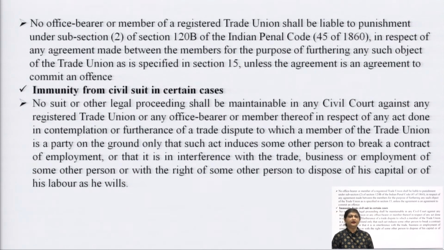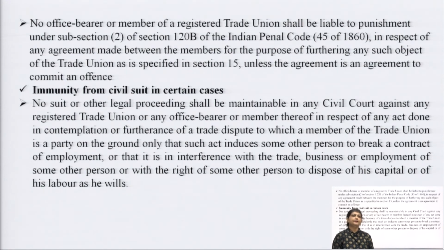No suit or other legal proceedings shall be maintainable in any civil court against any registered trade union or any office bearer or member thereof in respect of any act done in contemplation or furtherance of a trade dispute to which a member of a trade union is a party on the ground only that such act induces some other person to break a contract of employment, or that it is in interference with the trade, business or employment of some other person, or with the right of some other person to dispose of his capital or of his labor as he wills.